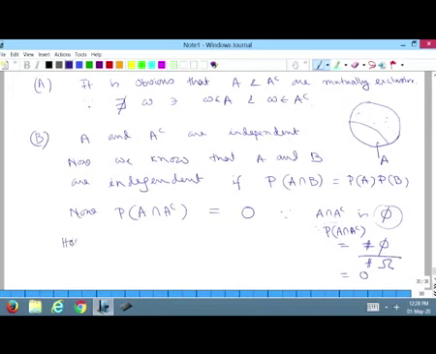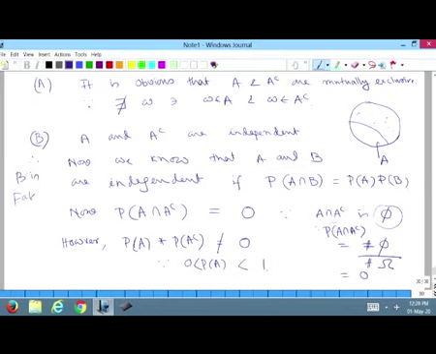However, probability of A into probability of A complement is not equal to 0, since 0 less than probability of A less than 1. Therefore, B is false.